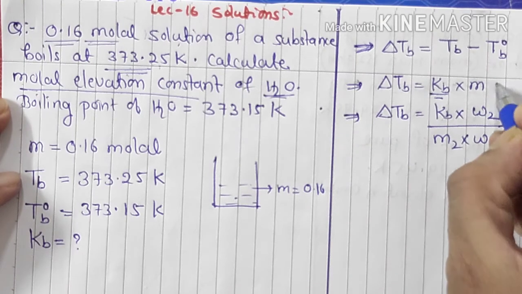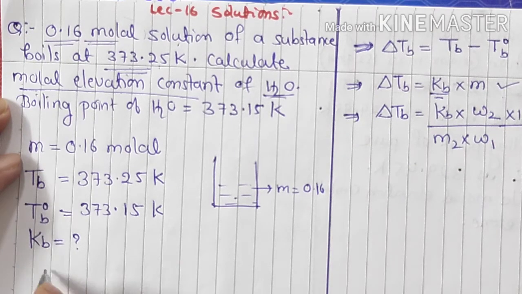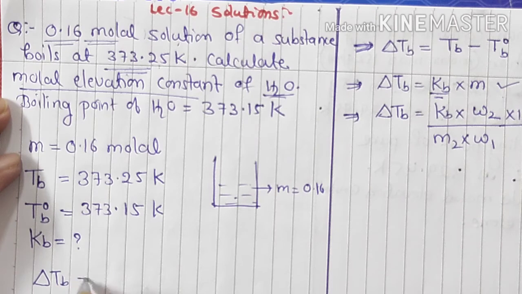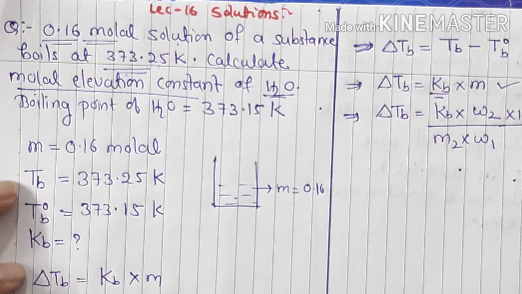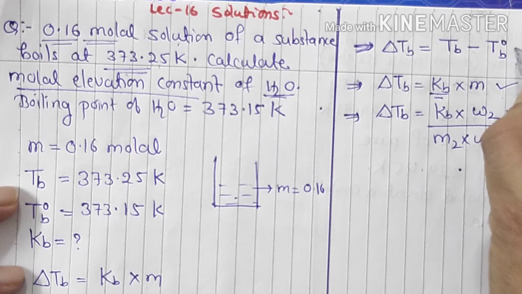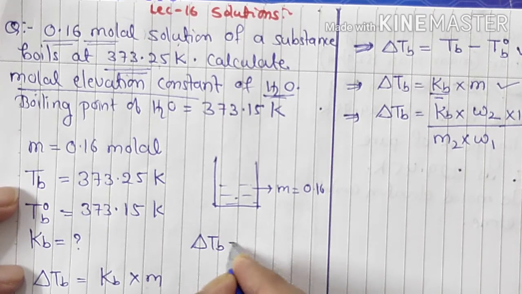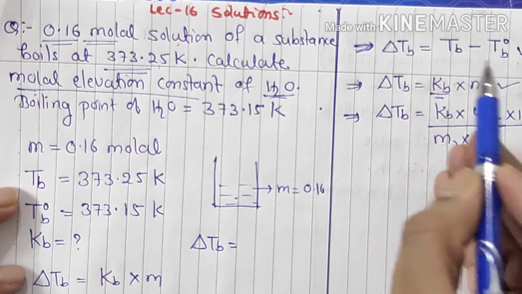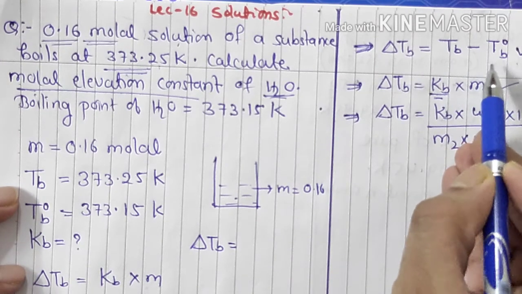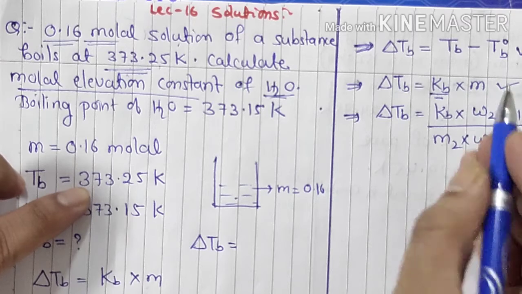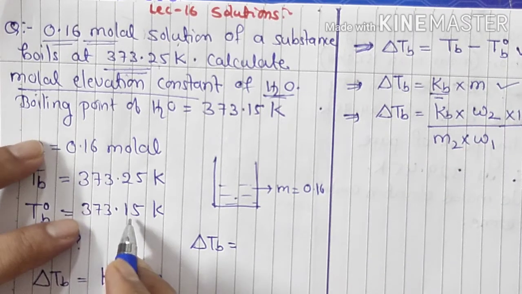कौन सा फॉर्मूला यूज करेंगे? We will be using the second formula, right? So delta TB is equal to KB into M. अच्छा, delta TB डायरेक्टली नहीं दिया हुआ है, so we need to find delta TB first, so I will be using the first formula. Delta TB is equal to TB minus T naught B. So what is TB? 373.25 minus 373.15.